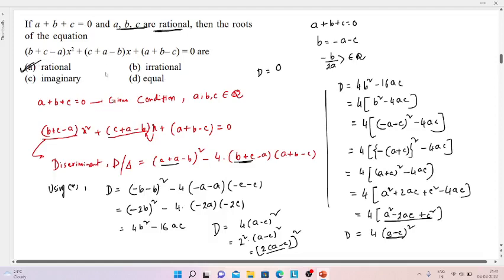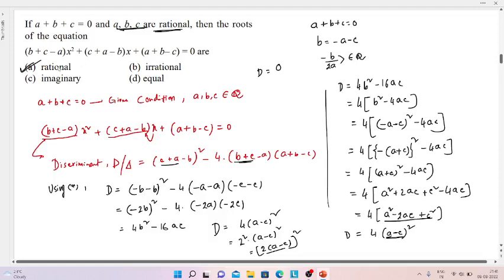Have you understood? I'm just trying to tell you again that here a, b, c are rational numbers. So if a equals c, then D equals 0, and two roots will exist, which are minus b by 2a, minus b by 2a. But these are rational because b and a are rational, which is given. So whatever the case, rationality will be there.